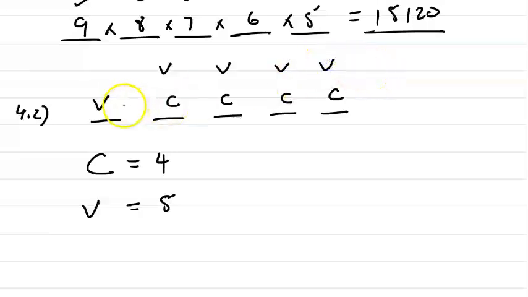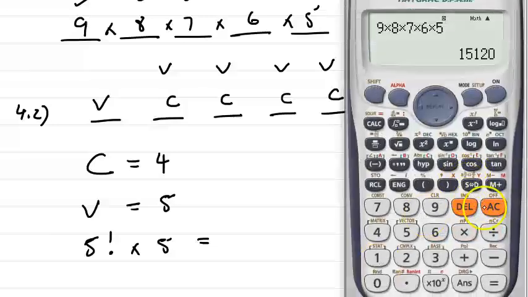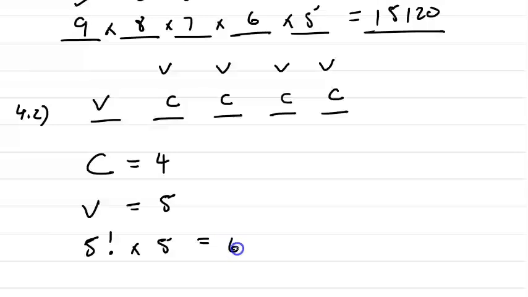So therefore, you can have 5 factorial and the vowel can be in 5 different places. So the solution to this particular question will be 5 factorial times 5, which equals 600. So we can have 600 different codes.